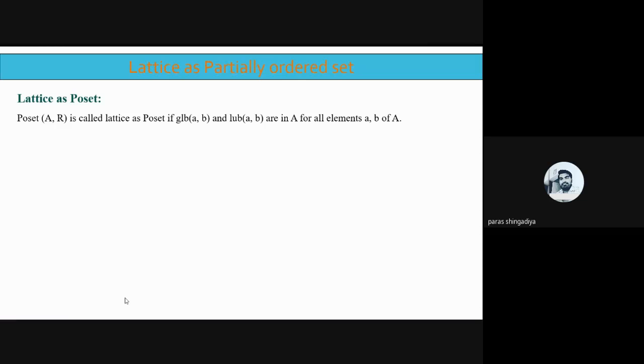where all elements a, b belongs to A, ठीक है. We have any set given here, A, and we consider all pairs, means all a, b belongs to the A. We have to check here GLB of (a, b), okay, and LUB of (a, b) for all such possible pairs of the given set, ठीक है.